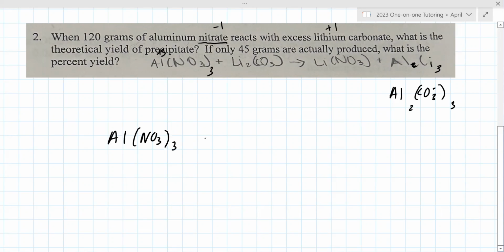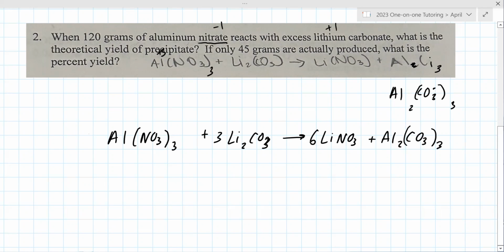Al(NO3)3 plus Li2CO3 produces LiNO3 plus Al2(CO3)3. Then you have to balance this, and just to save some time here, those are the coefficients needed.